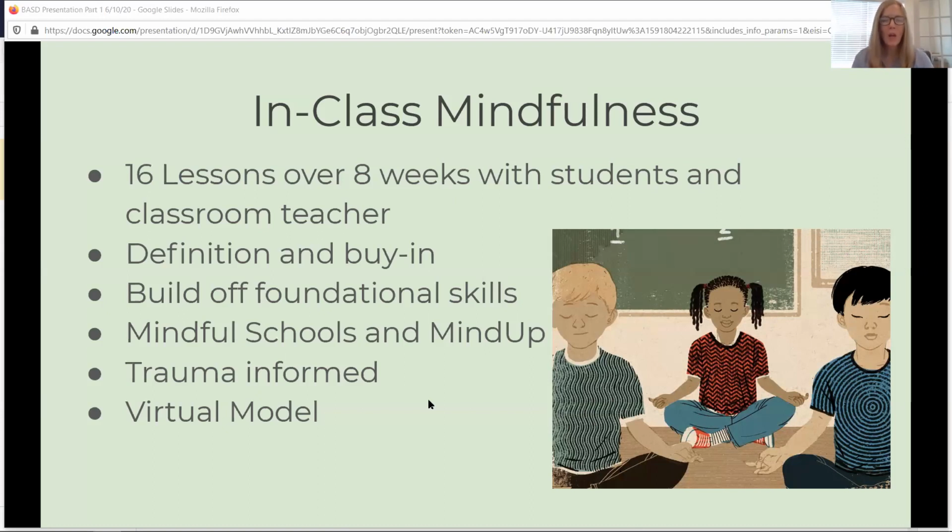All right, so that's our traditional in-class mindfulness program, but we might be moving into a not so traditional fall. So we're working on how we can deliver this programming using different modalities.